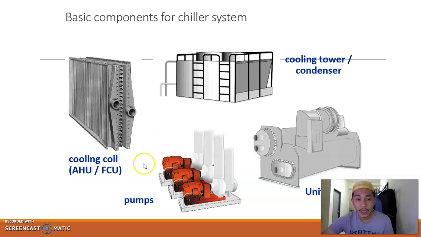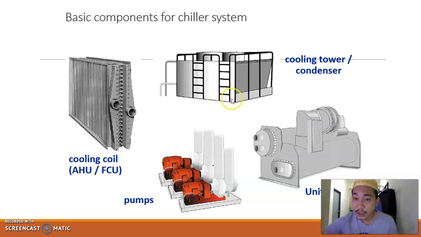Basically we have the cooling coil. The cooling coil usually is located in the air handling unit or fan coil unit, usually above the ceiling, or in the AHU room. Then we have the cooling tower, the place where we reject the heat.